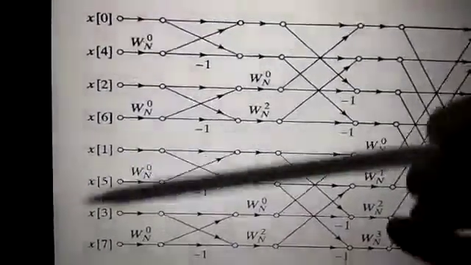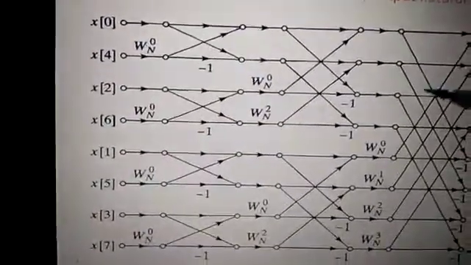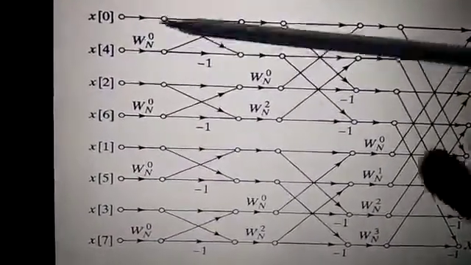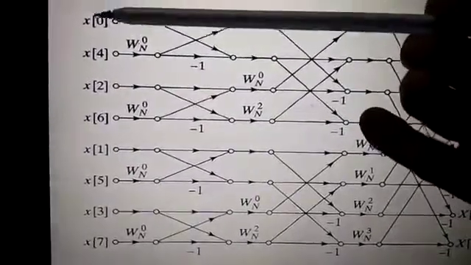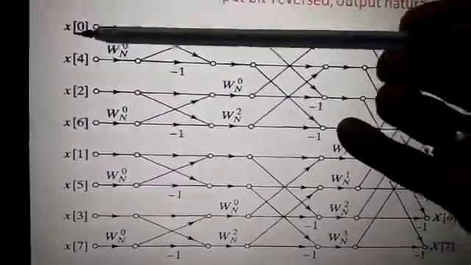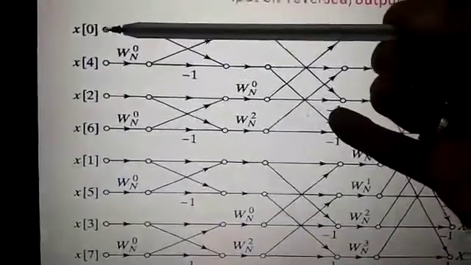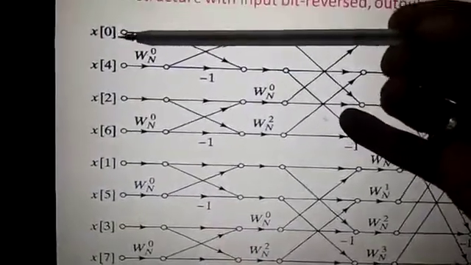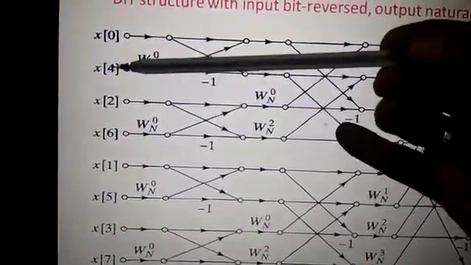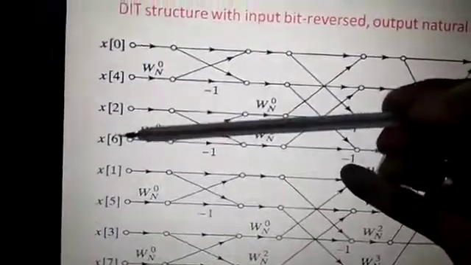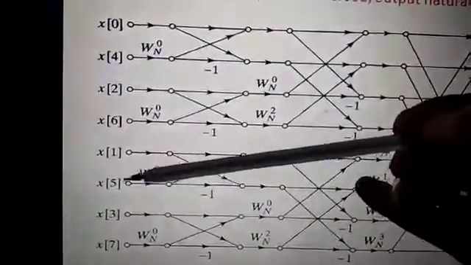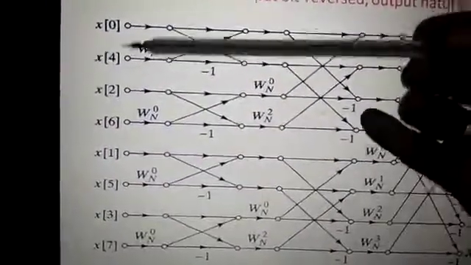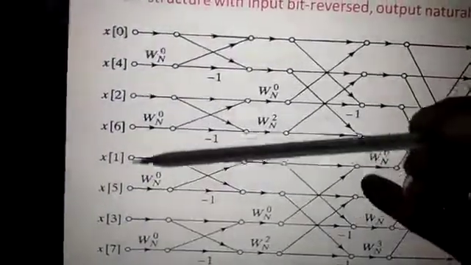So this is called the DIT algorithm, in which for 8 points, capital N equal to 8, we will get the sequence at the input side as bit reversed, that is 0, 4, 2, 6, then 1, 5, 3, 7. This is the sequence of even, this is the sequence of odd.